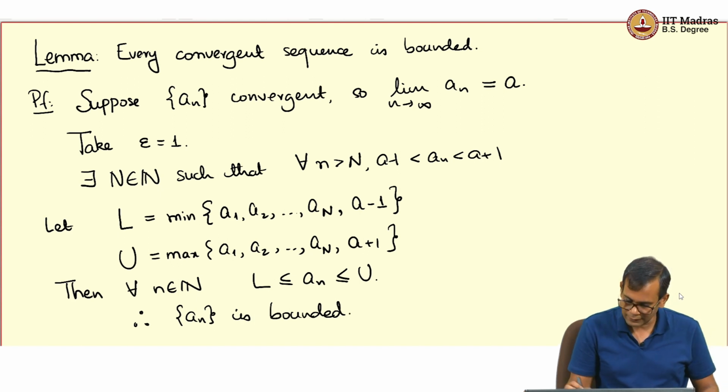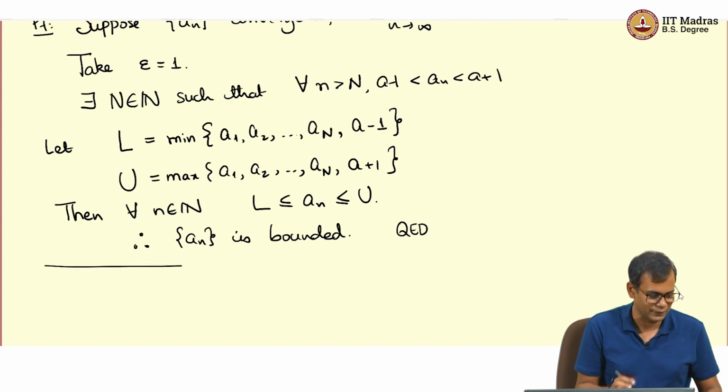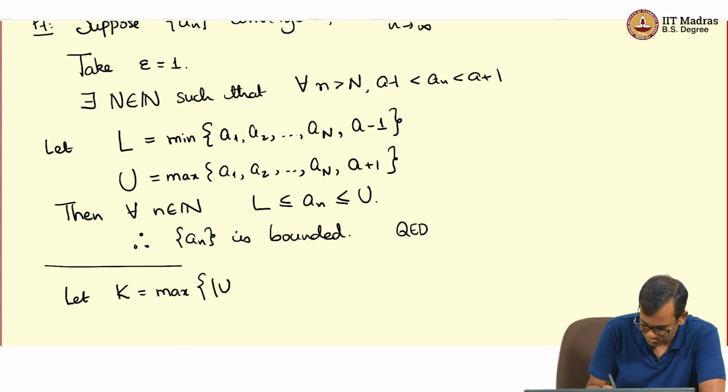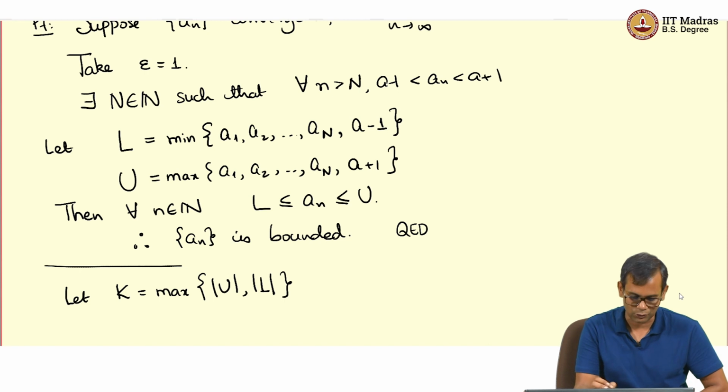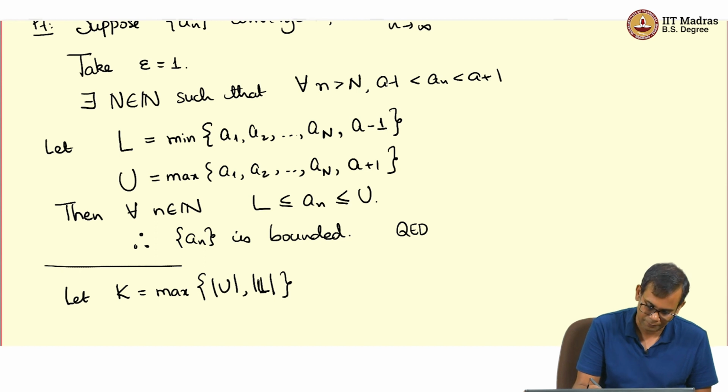Okay, so that completes the proof. We write QED sometimes. And what I want to say at this point is that there is another way of writing bounded, and we will often just switch between these two things. Suppose I take k to be the maximum of the absolute value of U and the absolute value of L. These things could be positive or negative, so this k is greater than or equal to 0, but usually positive unless all terms in the sequence are 0.